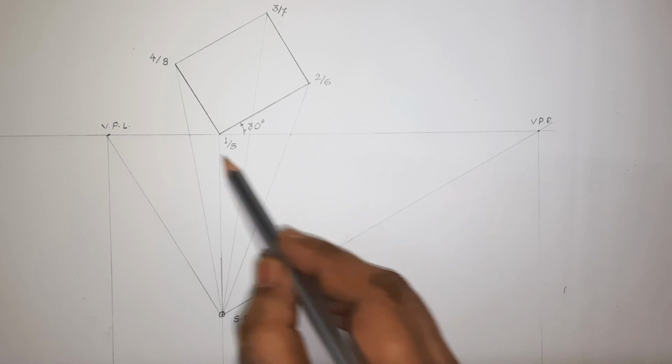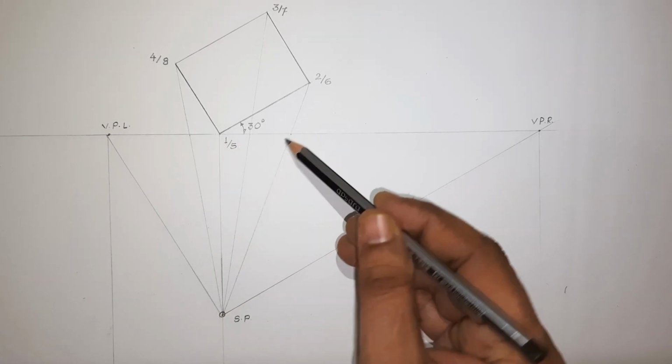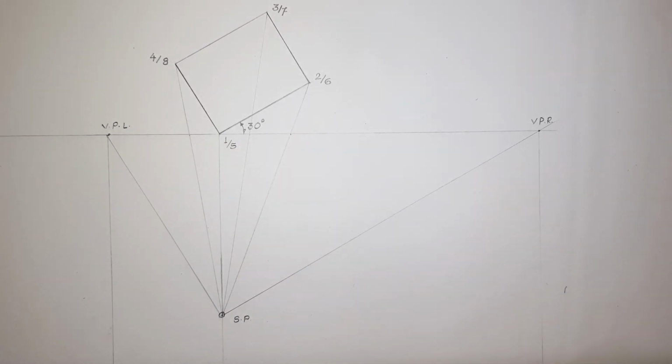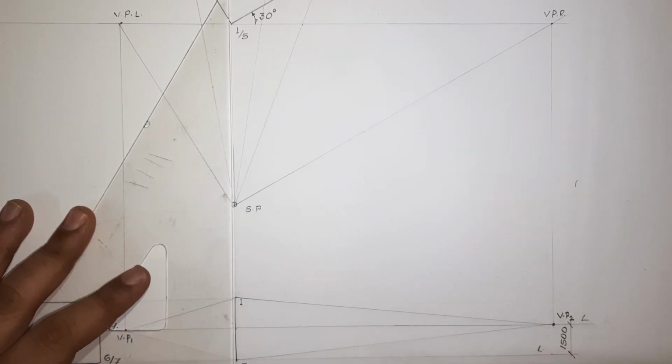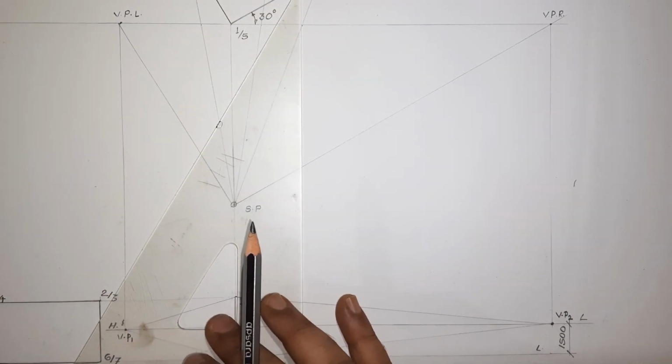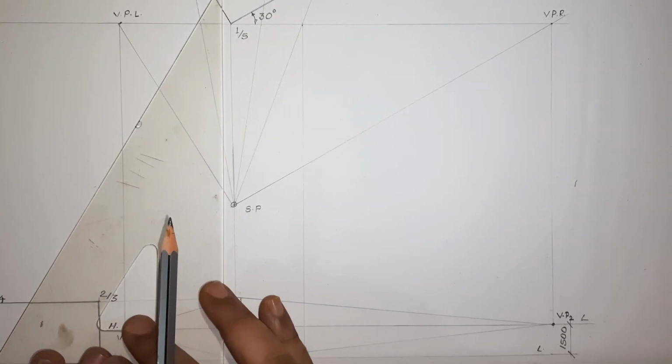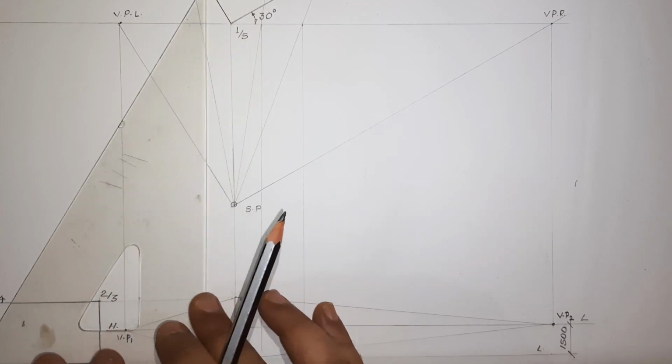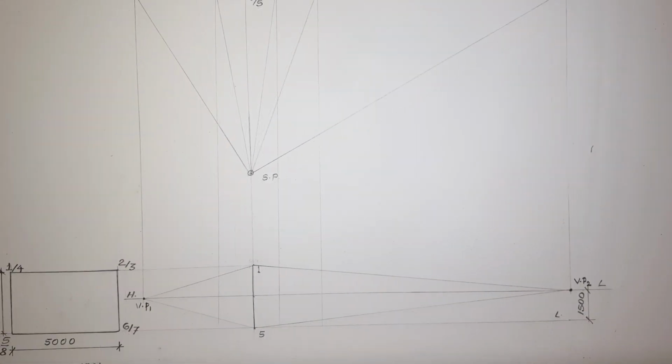Now we will transfer these points vertically down on the horizon line. So this way we have transferred all those points on this horizon line.